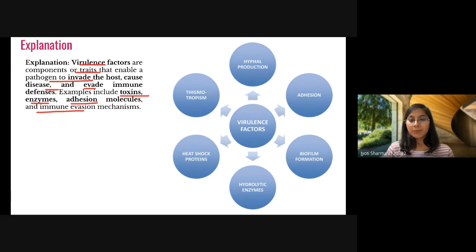Just see the picture: adhesion, biofilm formation, hydrolytic enzyme, heat shock protein, thigmotropism, and hyphal production. These are some of the factors that can give a pathogen a virulence character. So these come under the virulence factors.